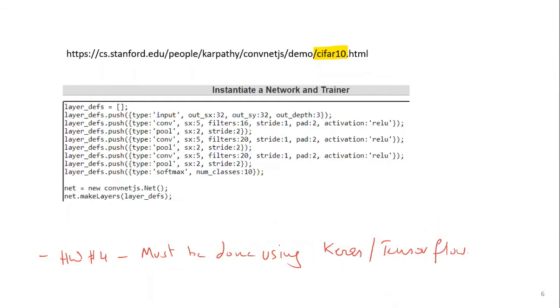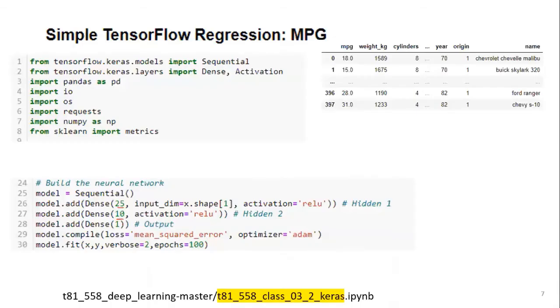We looked at this particular example, which was online from this particular site. Let's take a very brief look at how you have hopefully already been running TensorFlow and Keras to create neural networks.